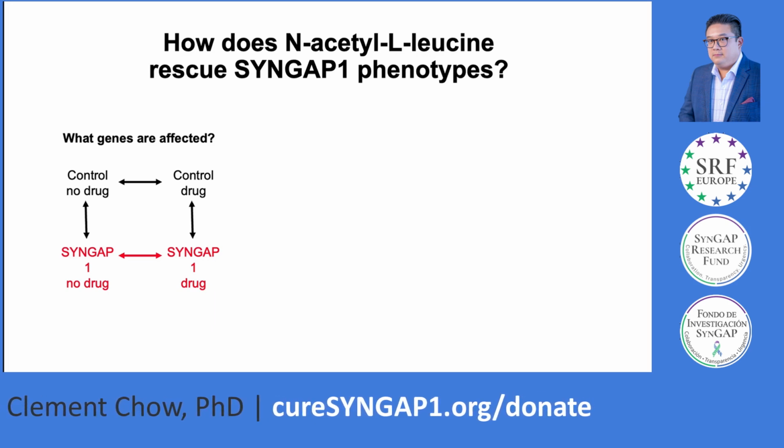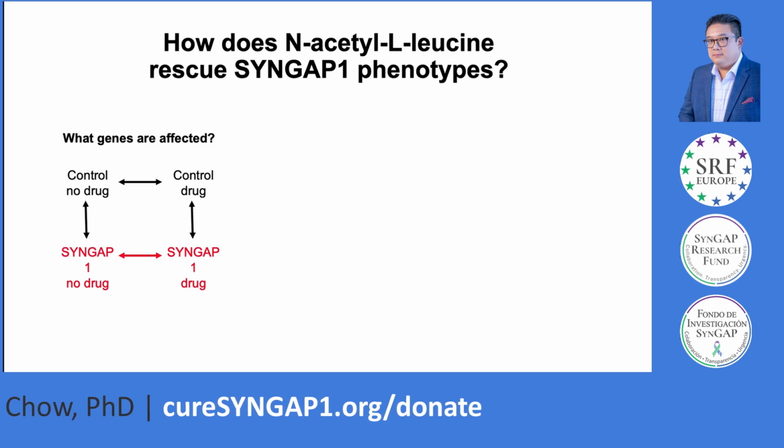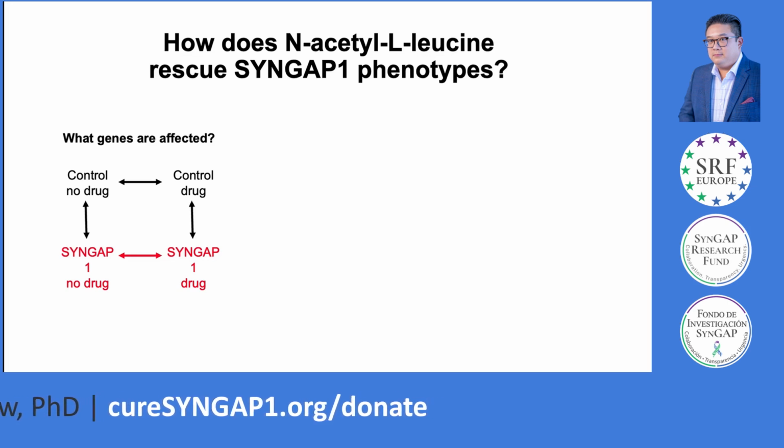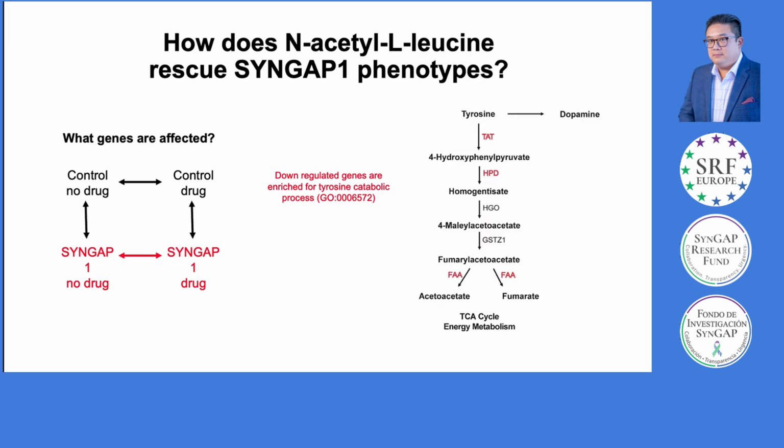And there's lots of interesting things in this data, and some of it's on Haley's poster. But one of the really interesting things we found was that amongst the genes that are downregulated by N-acetyl-L-leucine in the Syngap flies is a huge enrichment for tyrosine catabolic process. Now, tyrosine is actually another amino acid, which is really interesting here, and catabolic process is the breakdown of tyrosine, and so this is a snapshot of what's happening in our RNA-seq data.